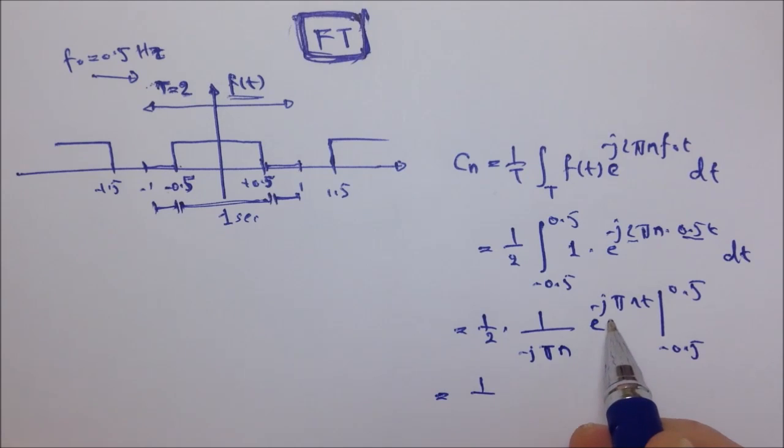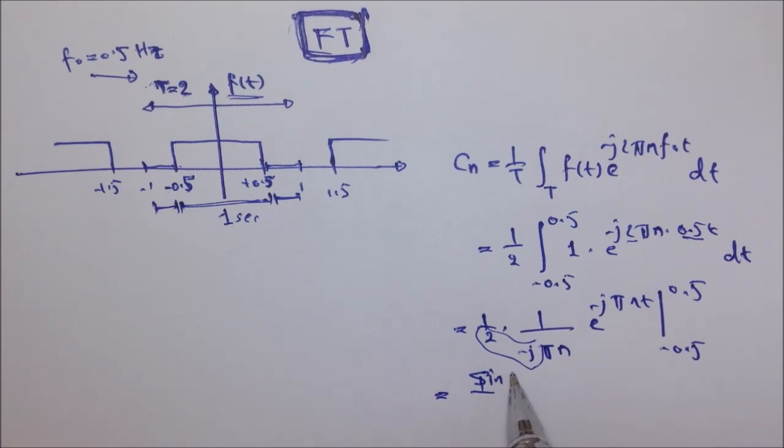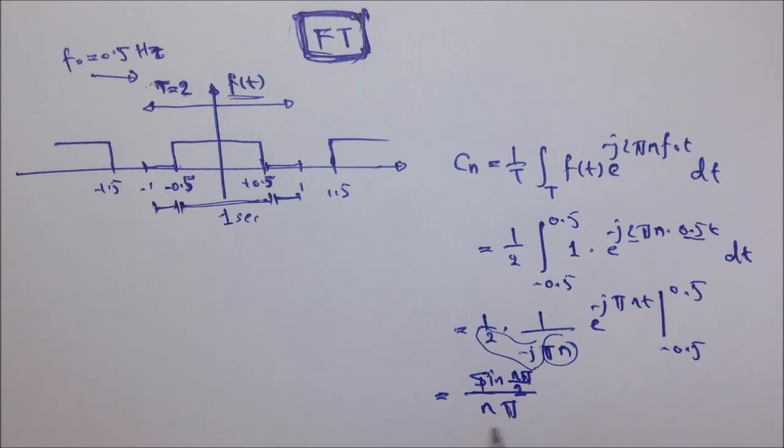So (e^(-jπn/2) - e^(+jπn/2)) divided by -j2 gives you sin(nπ/2). And we have this nπ. So this is C sub n.